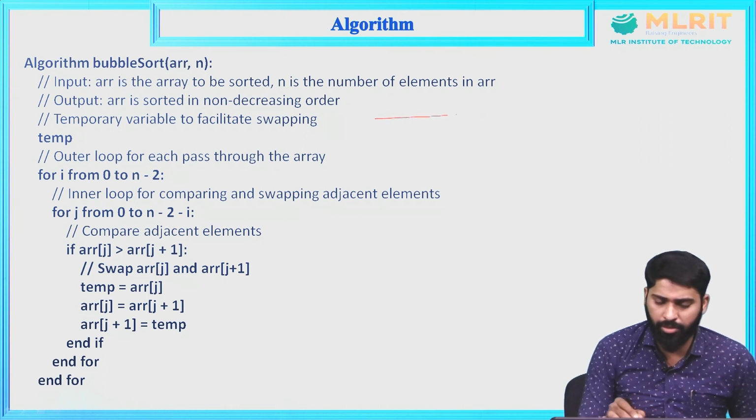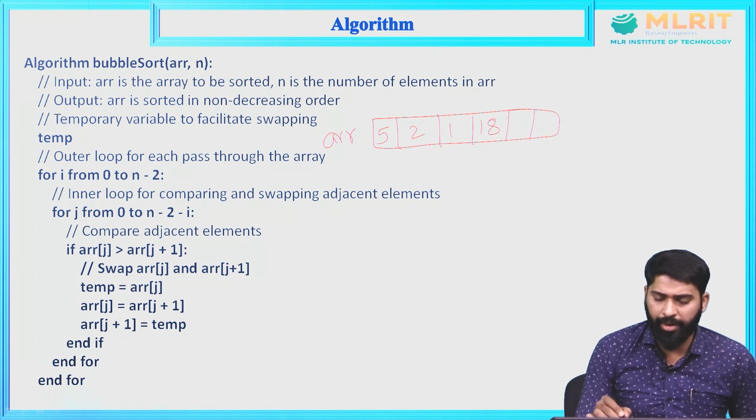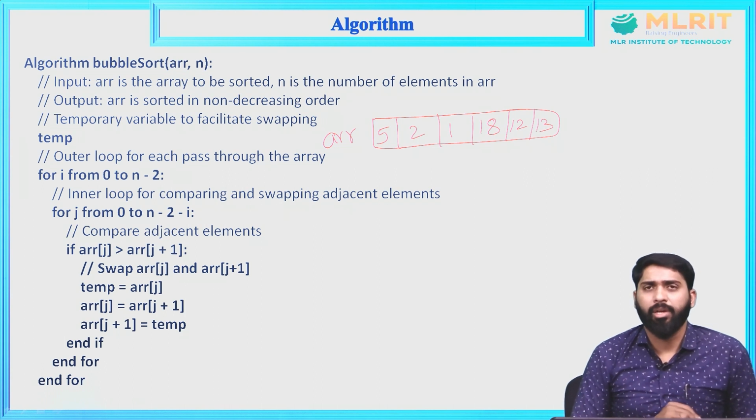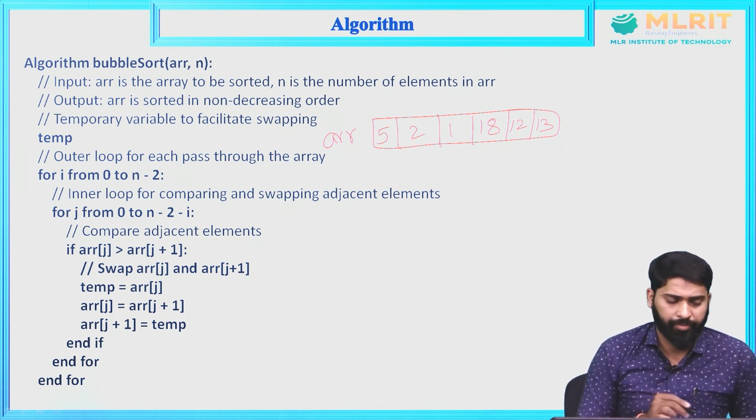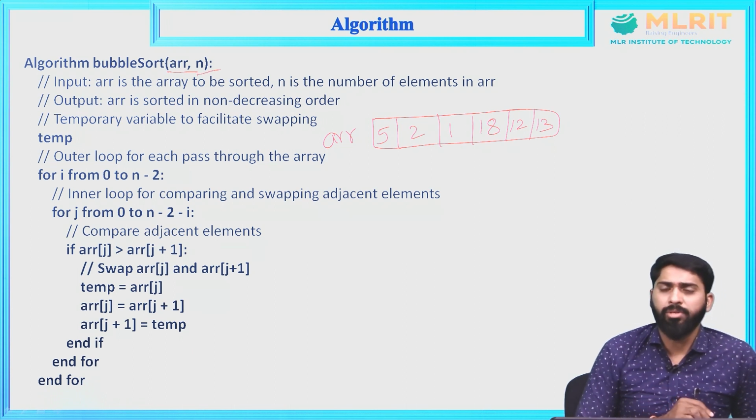Let us assume this is the ARR. Let us consider 6 elements: 5, 2, 1, 18, 12, 13. Now n equals the size. What is n here?